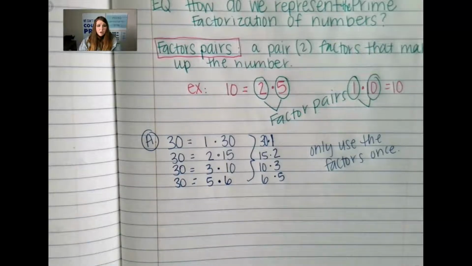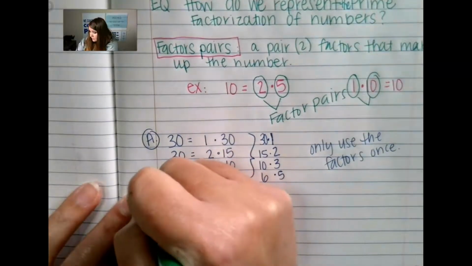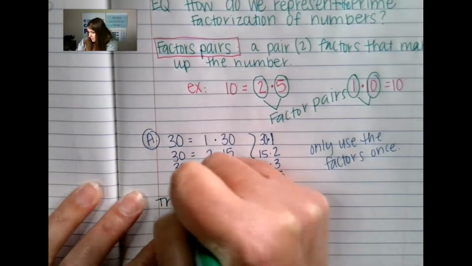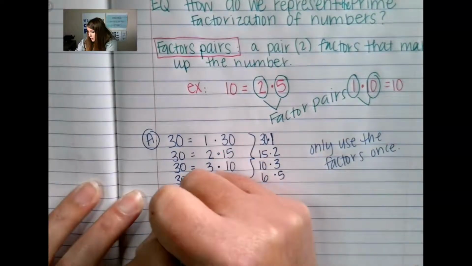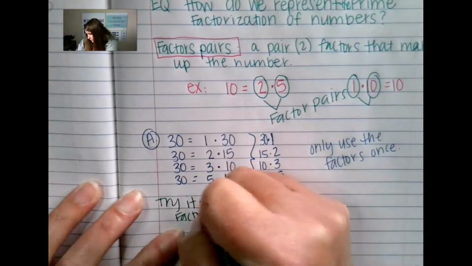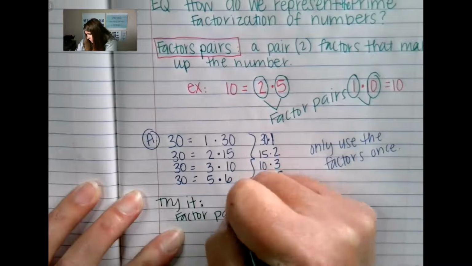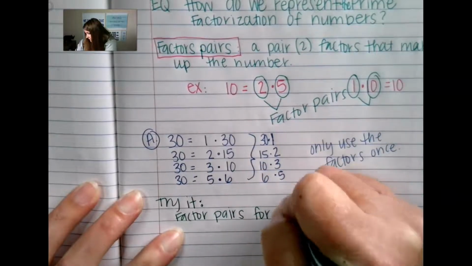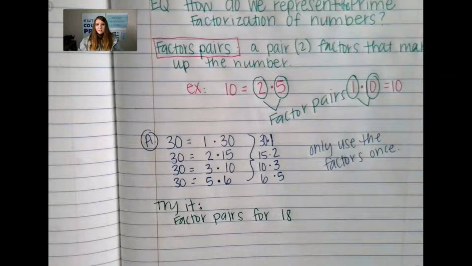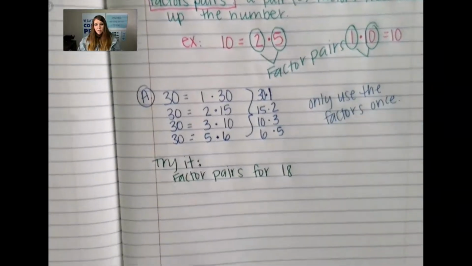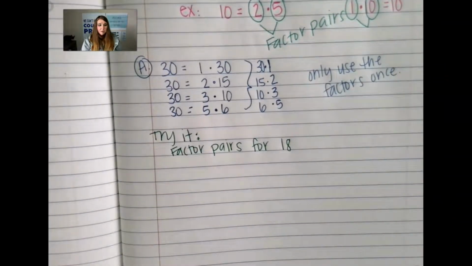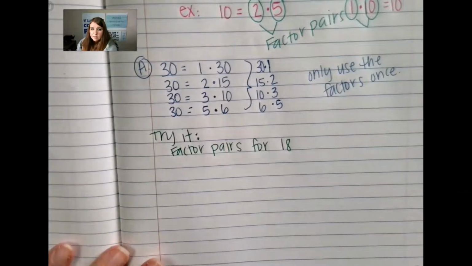Okay, let's do a try it really quick. Please tell me the factor pairs for 18. Go ahead and hit pause right now and tell me, what are the factor pairs of 18? Hit pause so you don't hear me.